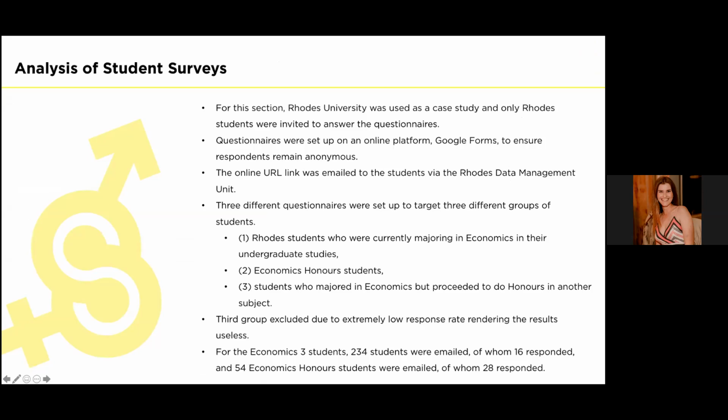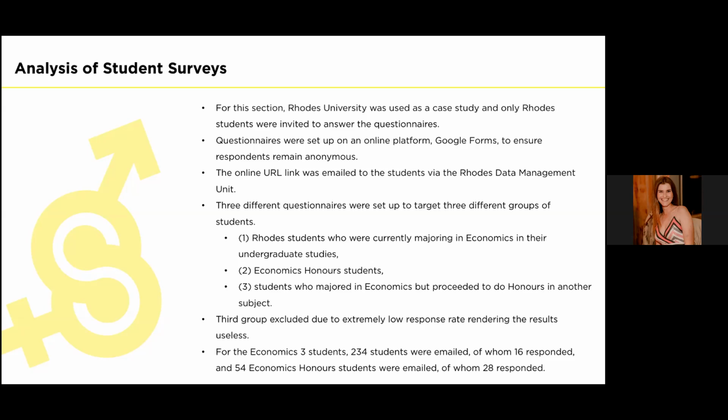The last section of the student analysis looks at the survey responses from the economics students. For this section, Rhodes University was used as a case study, and so Rhodes University students alone were invited to answer the questionnaires. This was all done online, and the link was sent by the Rhodes DMU.